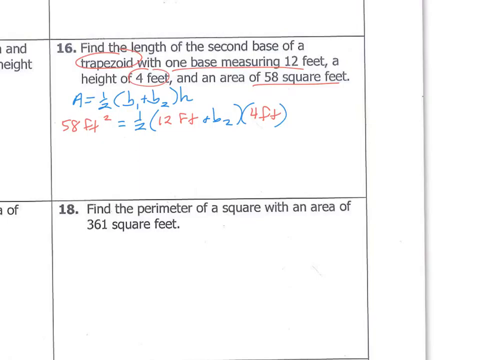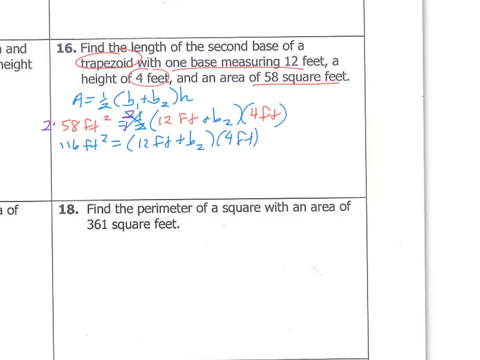Yeah, we're going to multiply both sides by 2 over 1 or just 2 to get rid of that fraction, that reciprocal. So we end up with 116 feet squared equals, these cancel, so you get 12 feet plus b sub 2 times 4 feet.